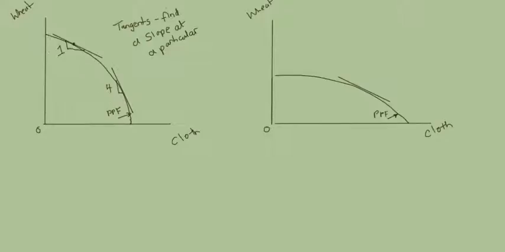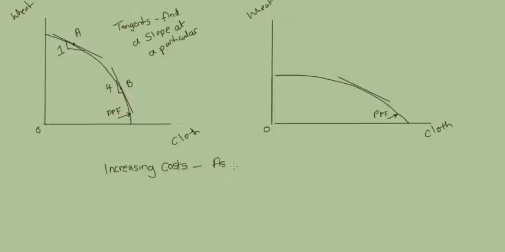What we are saying is that, say at point A, the opportunity cost of cloth in terms of wheat is that 1 cloth will cost us 1 wheat, and that at point B, the opportunity cost of cloth in terms of wheat is that 1 cloth will cost us 4 wheat. So this is what we mean by increasing costs. Increasing costs refer to the fact that the more of something we make, the more costly it is in terms of the foregone alternative.